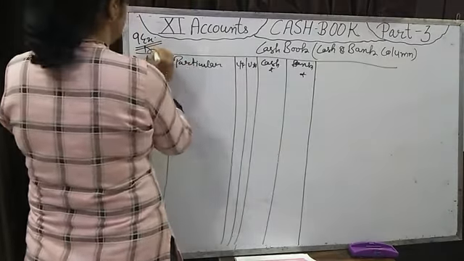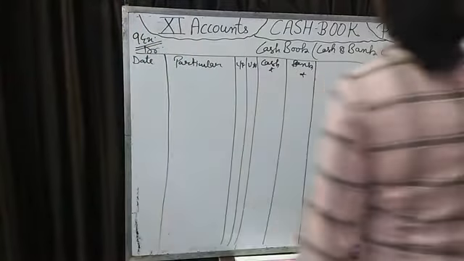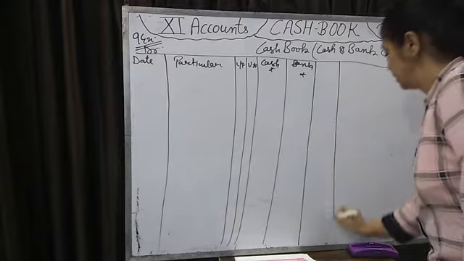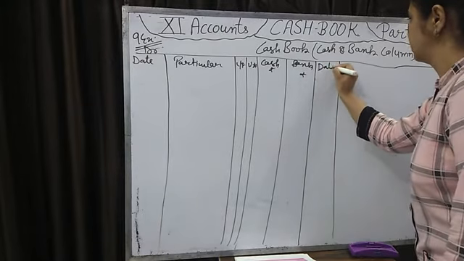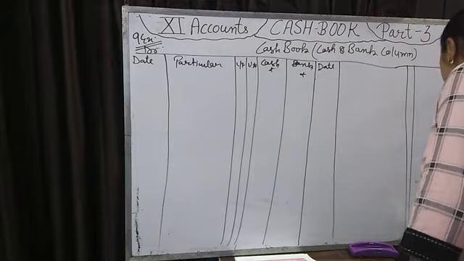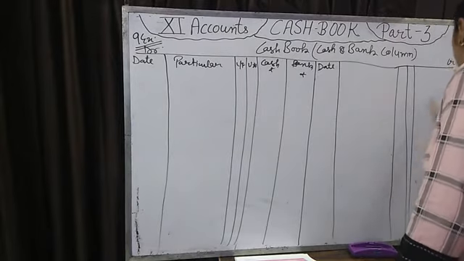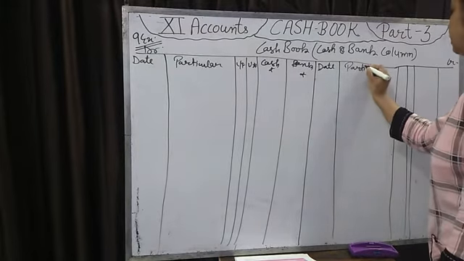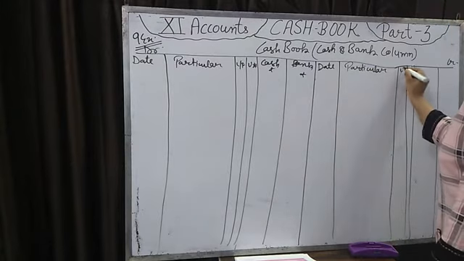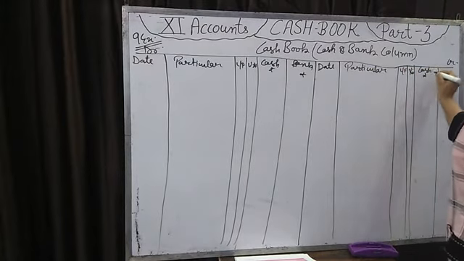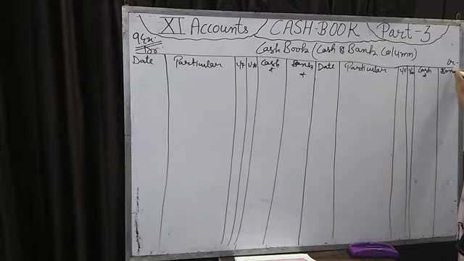This is the debit side, and the same you will make on the credit side. So this is the pro forma of the double column cash book.